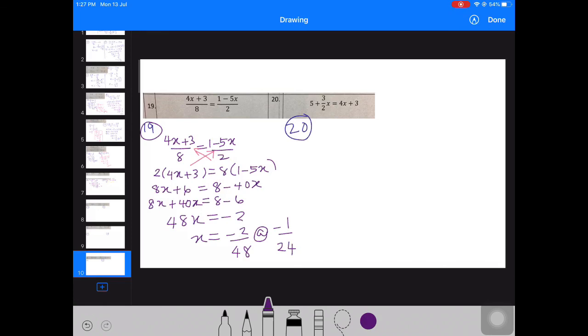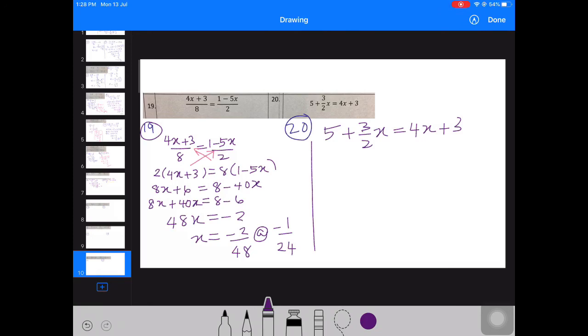Okay, number 20. Alright, now number 20. So we have 4 terms, 2 terms on the left and 2 terms on the right. Okay, 5 plus 3 over 2x equals to 4x plus 3. The fraction is only 1.